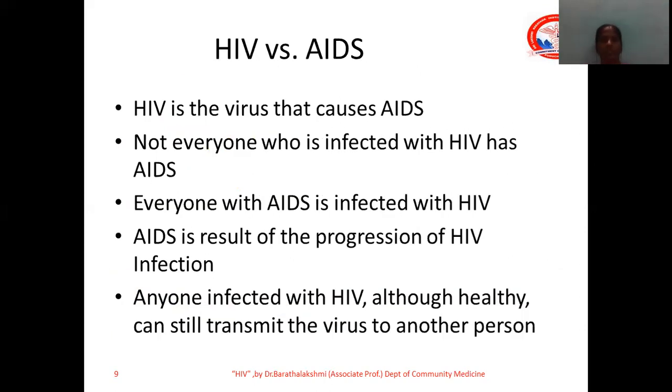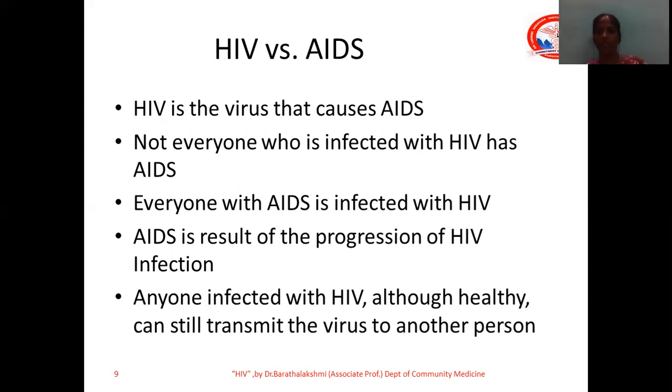HIV is the virus that causes AIDS. Not everyone who is infected with HIV has AIDS. Yes, exactly. So AIDS is the disease progression, the complex of disease manifestations. HIV is the attacking pathogen. Not everyone who is infected means that they have AIDS.